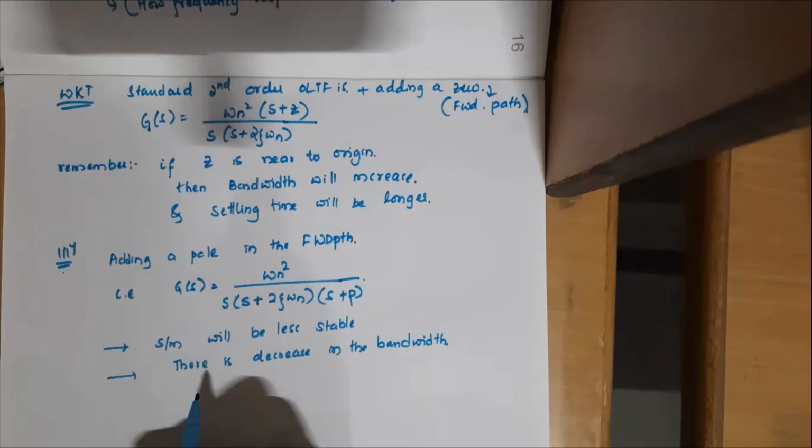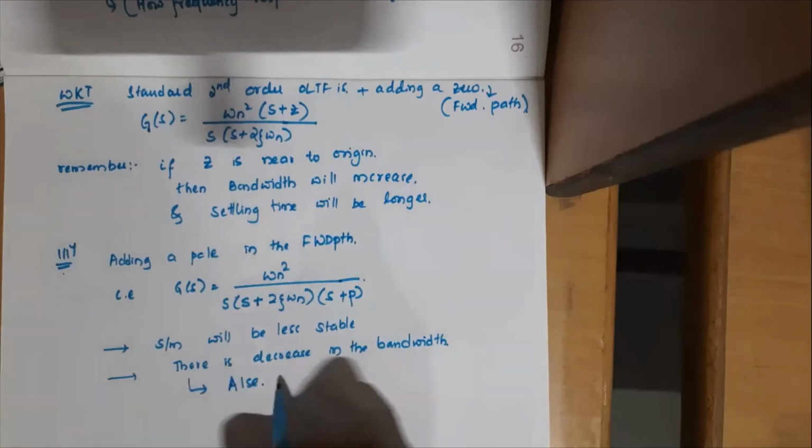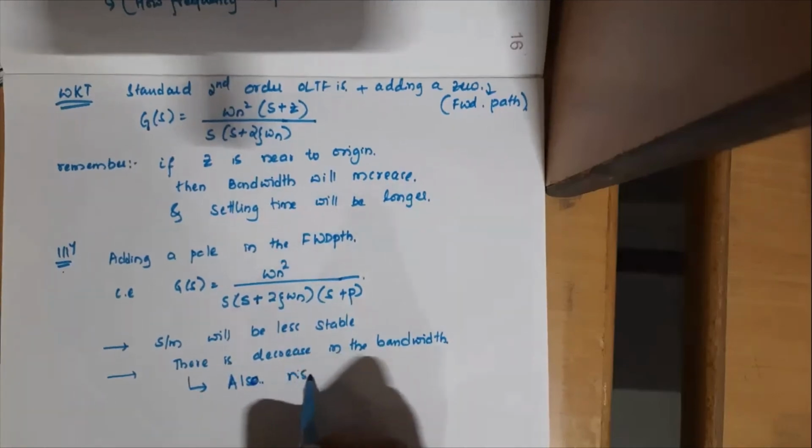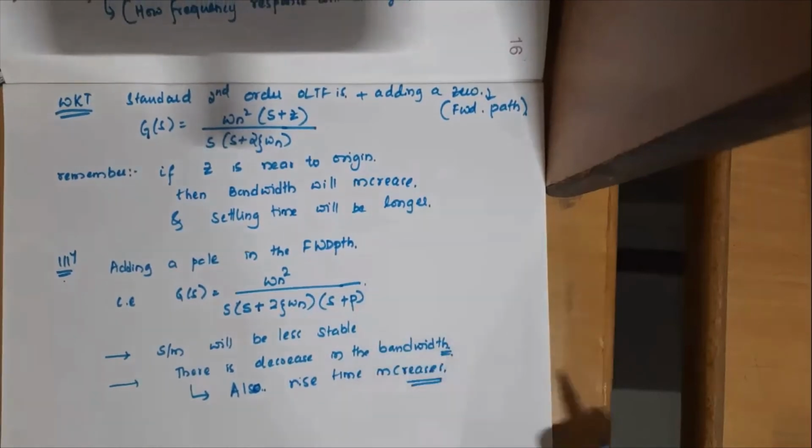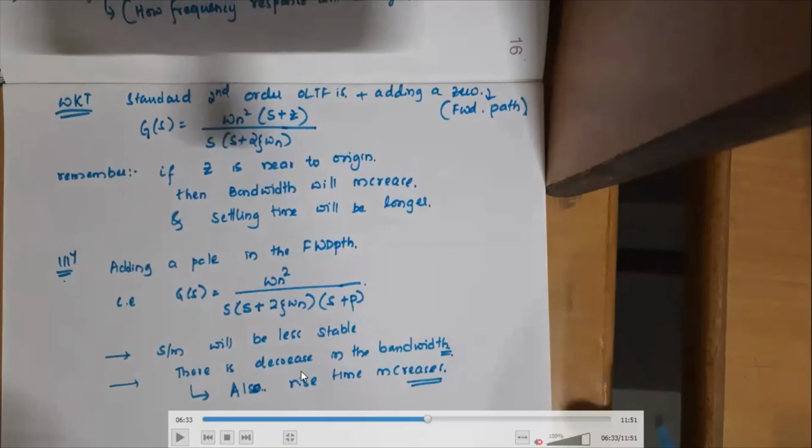Fine. So these are some key points to remember. And again, they are correlated with inverse proportionality. So this is also one additional comment you can write about adding a pole.